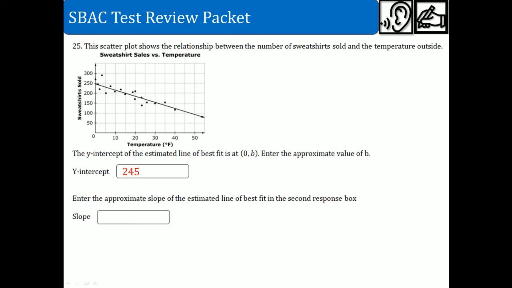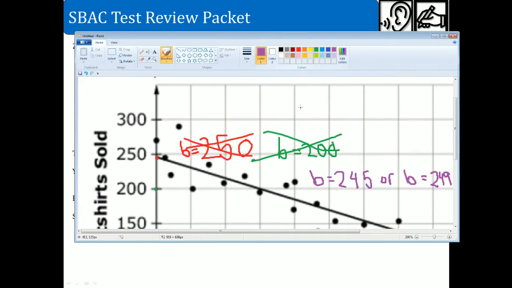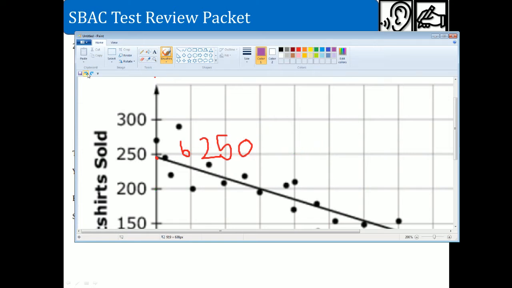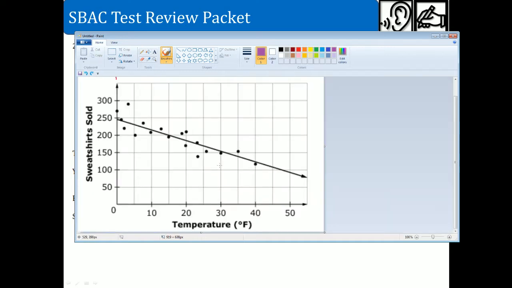So let's look at the slope now. Alright, give me a second to clear this up. So when you want to find the slope, you want to grab 2 points that are on the line. This one looks like it is a point on the line, and this also looks like it's a point on the line. Remember what the slope is defined by.